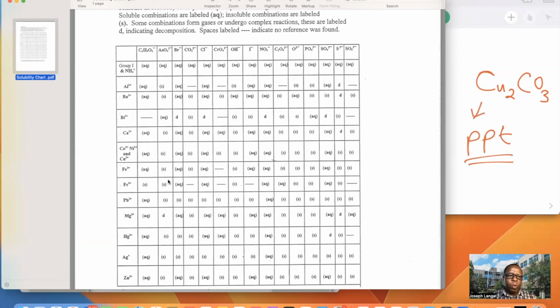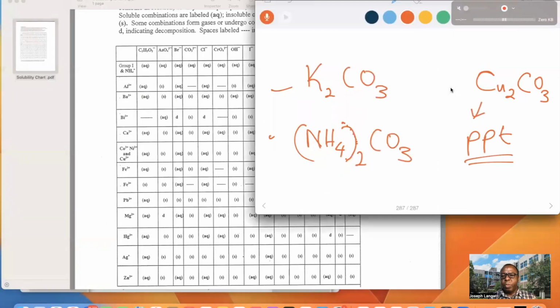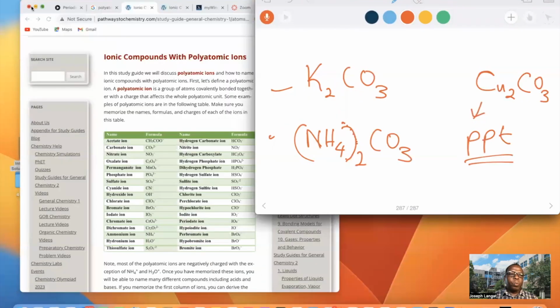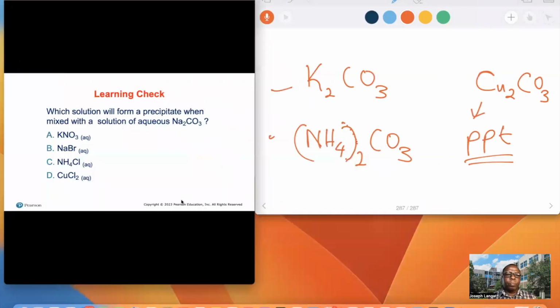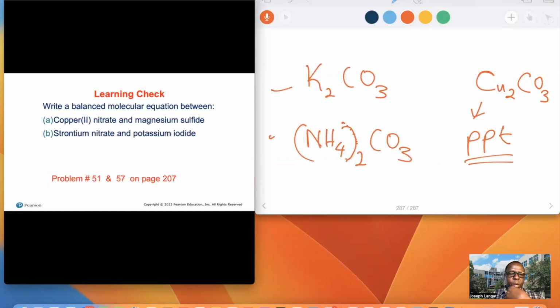Even if you look at ammonium, carbonate is aqueous, potassium, they are soluble. So please use this table to predict which one will be solid and which one will be aqueous. So the correct answer for this is D, based on the solubility chart or solubility rules.